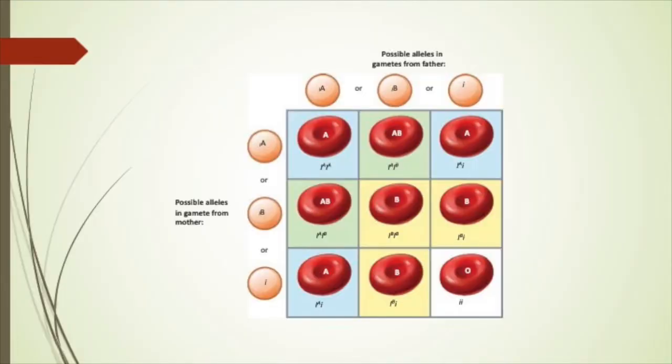If you're curious, here's a Punnett square of that situation. If you have IAIA, that's type A. If you have IAIB, that's AB.